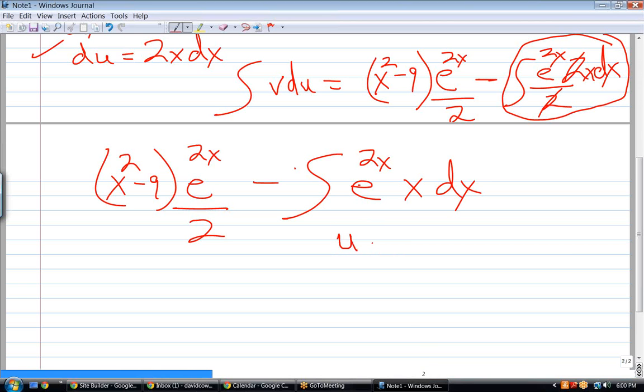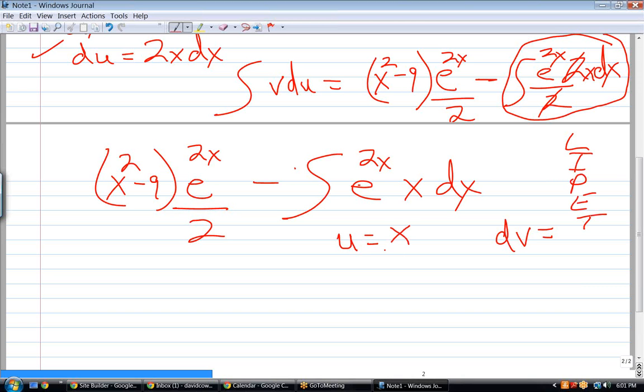Oh, okay. So now u is e to the 2x. LIPET, first logs. P comes before E in LIPET. Oh, okay. So is it just x?